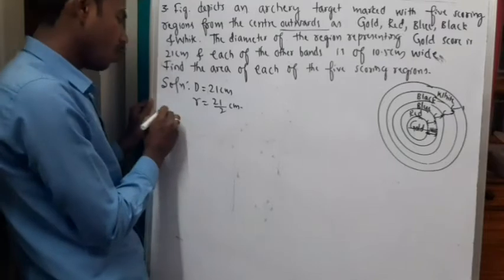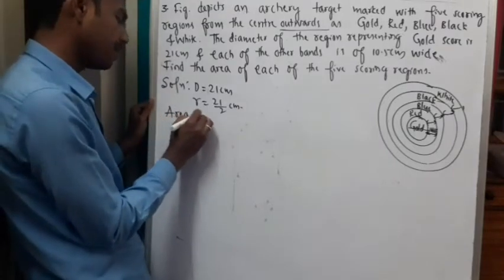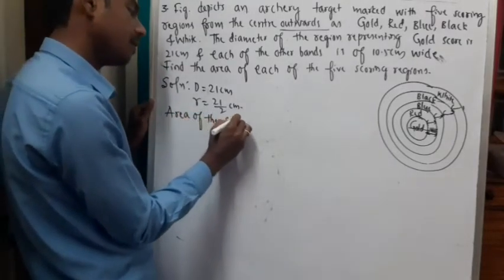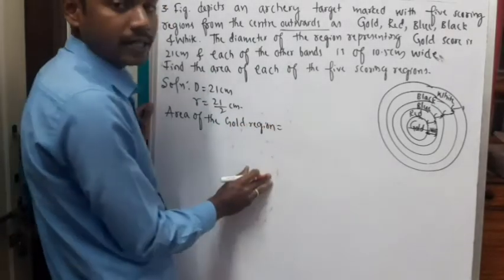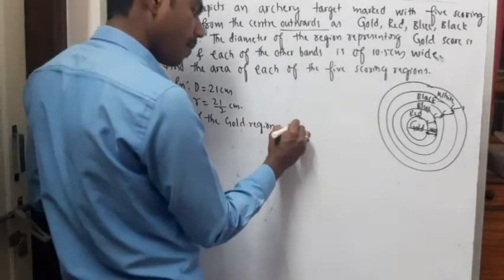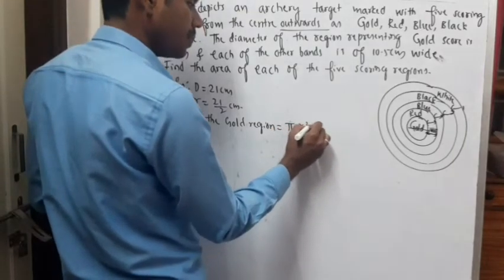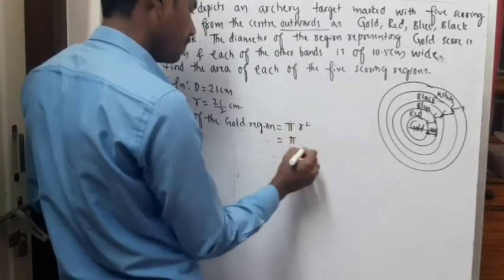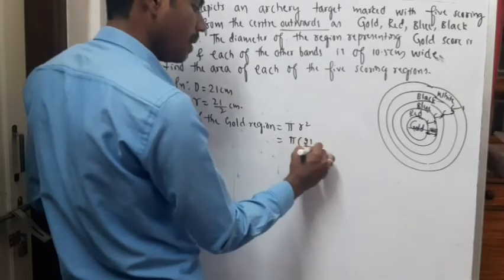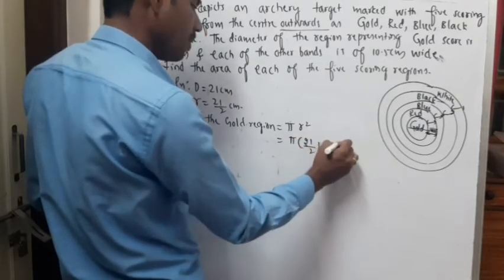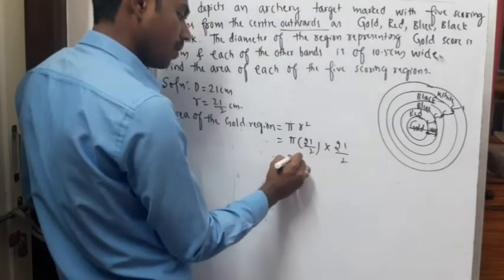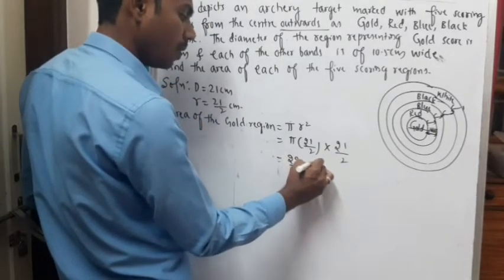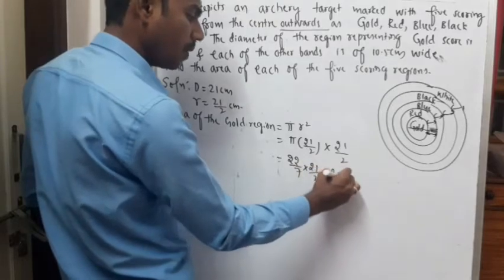So the area of the gold region is equal to, what is the formula? π R², right? π into R², which is equal to π into 21 divided by 2 into 21 divided by 2. So 22 divided by 7 into 21 by 2 into 21 by 2.